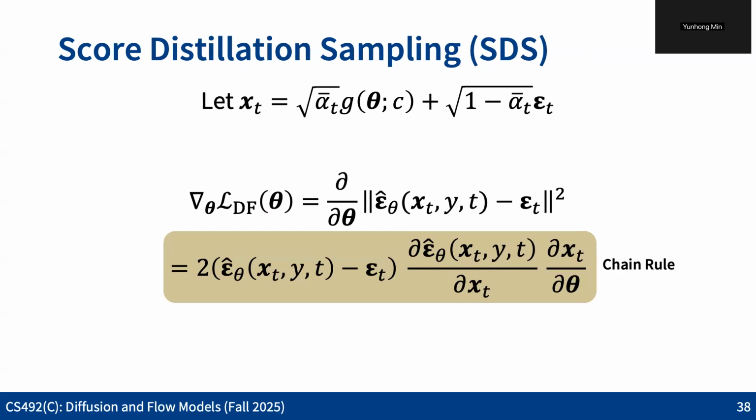But you can also see that this becomes taking the derivative of the rendering function in this case, and also taking the derivative with respect to all the parameters of the neural network of the noise prediction, right? So this is the most expensive part in terms of performing the backpropagation.